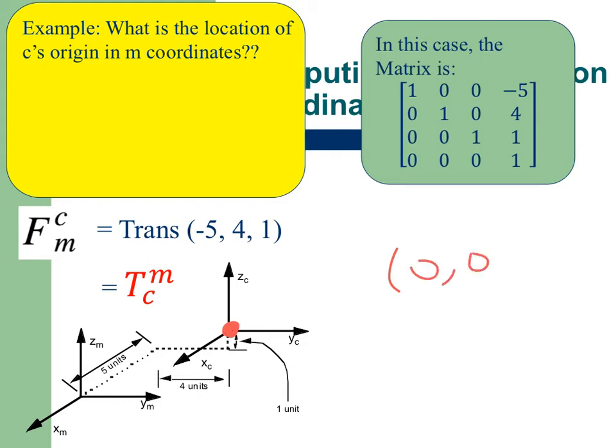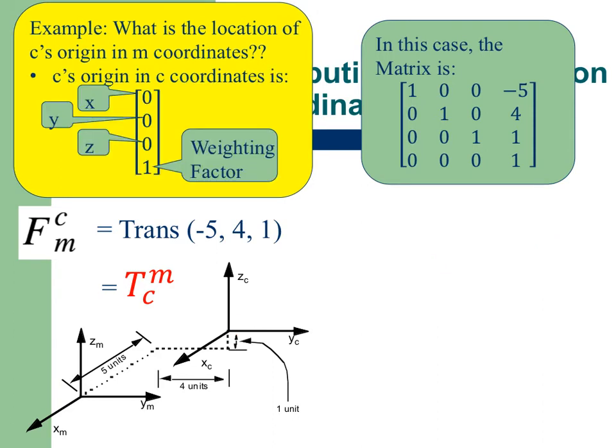In C coordinates, that's just the point 0, 0, 0, the origin. So here I've just written 0, 0, 0 as a vector. And again, this vector represents the location of this point in C coordinates using the C coordinate frame.